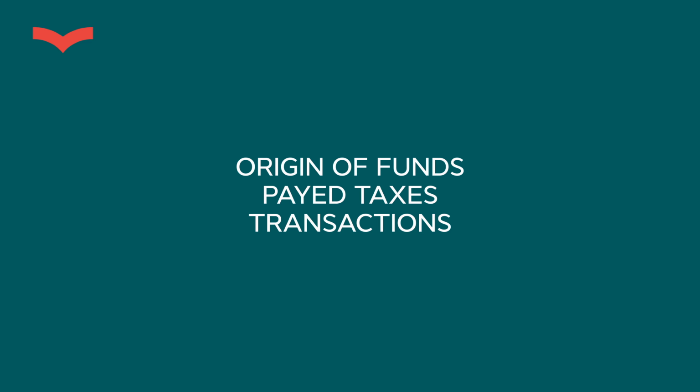As long as we know that there is the origin and it's clean and clear, and you pay the taxes on that, and in the future transactions, you should be good. So, origin of funds, paying taxes, and transactions. Okay, we need to see the movement of that money from the origin to the EB-5 program.